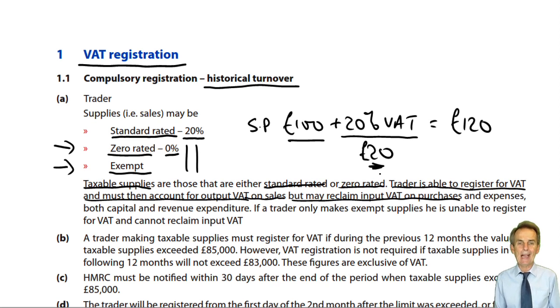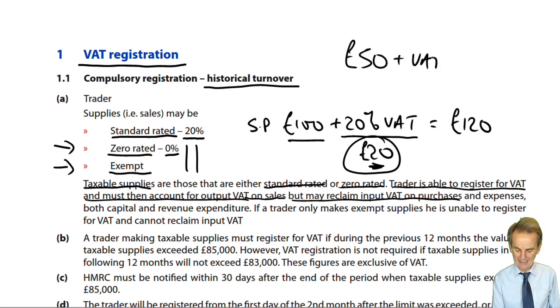We must see by how much the output tax on our sales on this item, £20, exceeds the input VAT on our purchases and expenses. And the input VAT we've suggested on this one, we bought it for £50 plus VAT. That therefore was £10. We had paid £60.